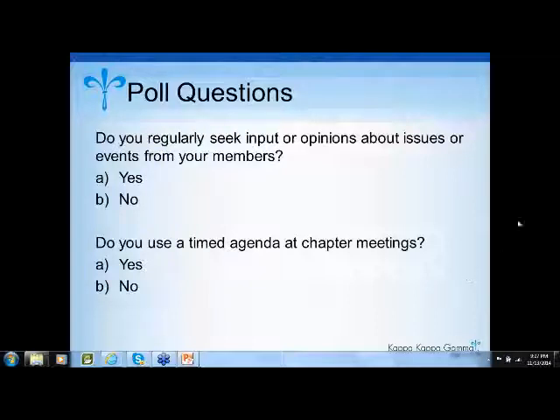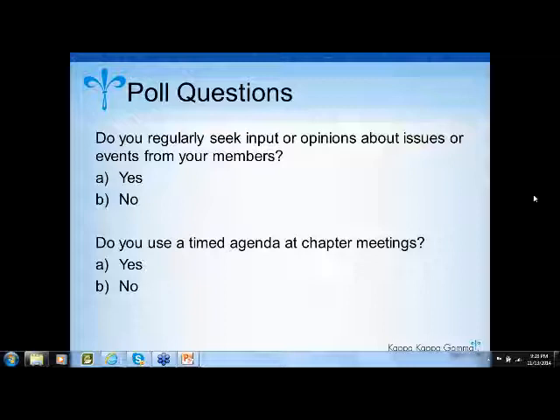And I'm going to jump in here and say, I believe that could be one of the reasons that many of us and many of our chapters have trouble with engagement and attendance: we're not asking our members to participate in decisions. Chapter council is making decisions and telling the members what we're going to do.